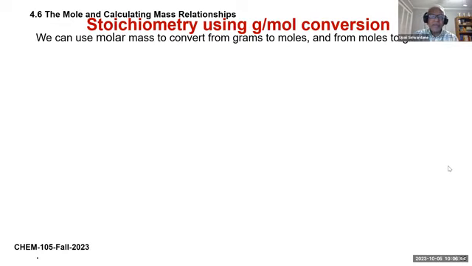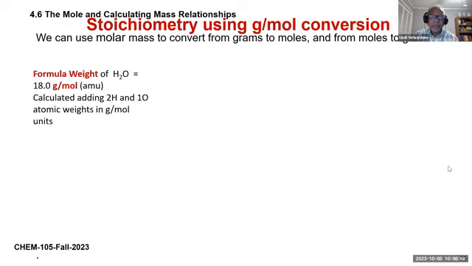That's the formula weight unit. For example, formula weight of water is 18. You add up 2 hydrogens and 1 oxygen and get 18.